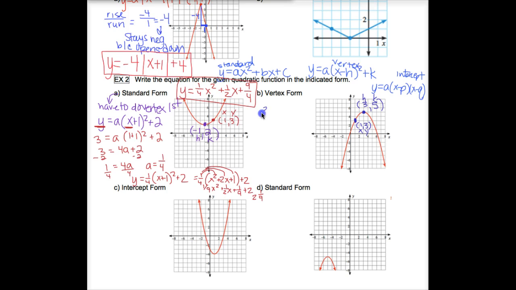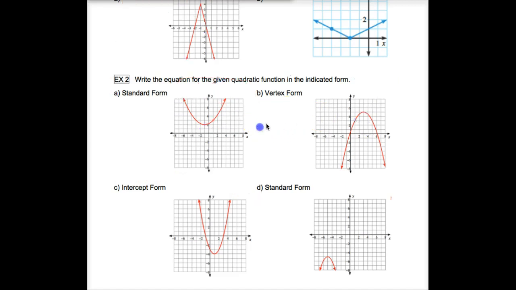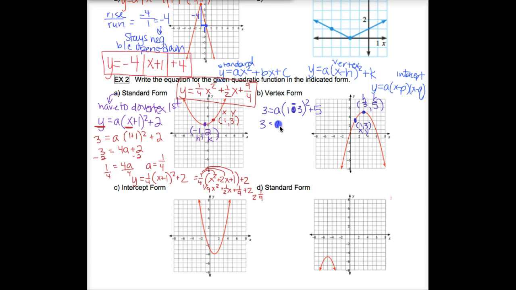Now just plug them in. So y, 3, equals a times (x minus h), see, I'm already messing up, minus h, which is 3, plus k, which is 5. So here's my h, here's my k, here's my x, here's my y. Now I'm going to simplify. So 1 minus 3 is negative 2. Squared is 4.